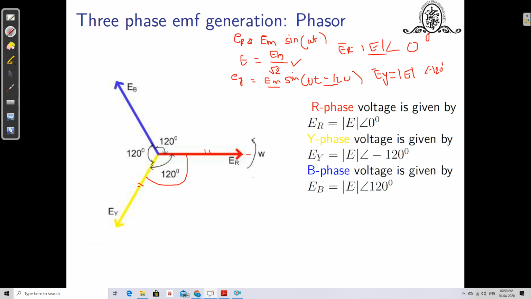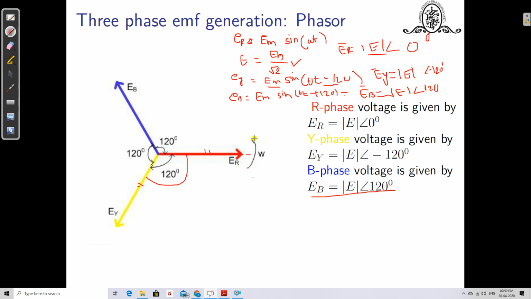Similarly, how can I write it for the B phase? We have written the equation for the B phase EMF. The B phase EMF is equal to EM sine of omega t plus 120 degrees. The RMS value of EM is again mod E. So the phasor of EB is equal to mod of E at an angle of plus 120 degrees.